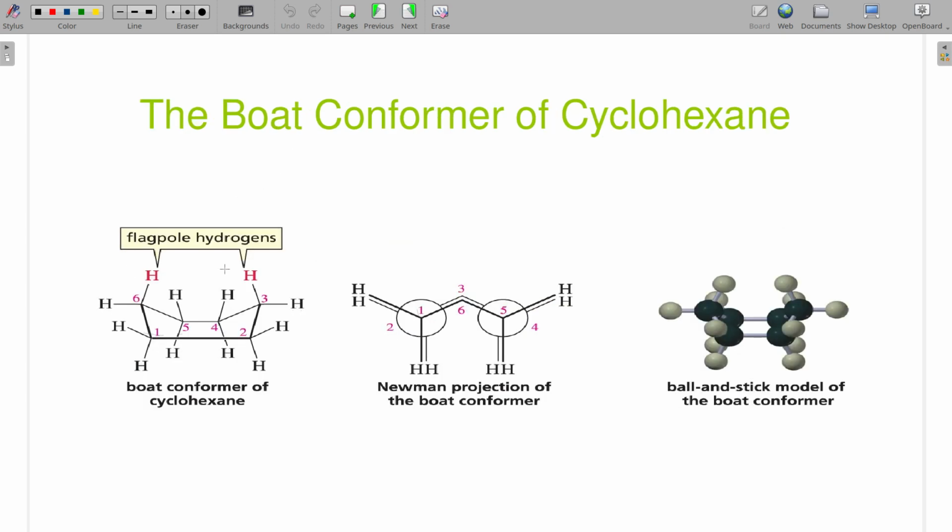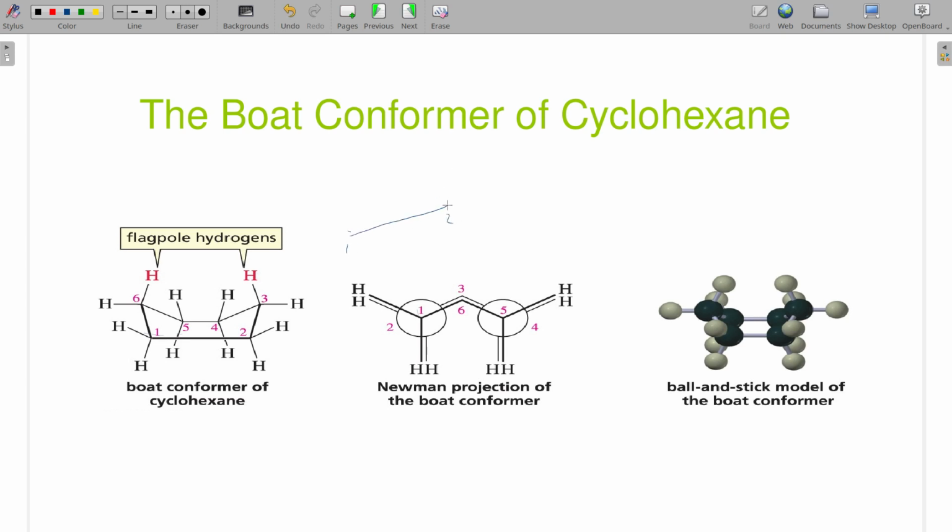And the point of the twist boat, let's go back and look at the boat. Since these hydrogens, we call them the flagpole hydrogens, are close, what we're going to do is think about pushing one into the paper, pulling one out at you. If I pull this one towards me, the 1 goes down, and if I push that one up, the 2 goes up. So this would be the 1 and 2.